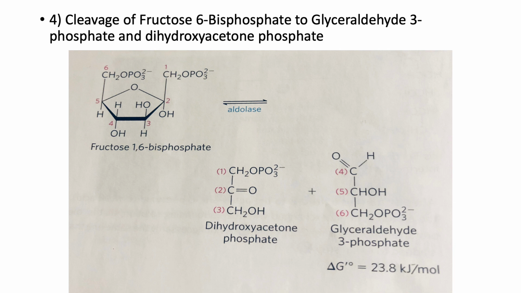The next step is cleavage of fructose 1,6-bisphosphate to glyceraldehyde. This is a rather complicated process involving the active site of a lysine that attaches to the substrate at the number 2 carbon.